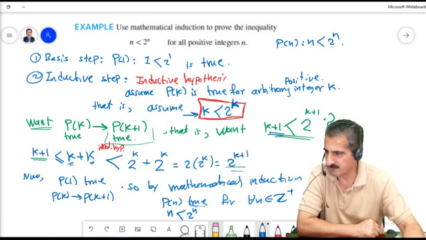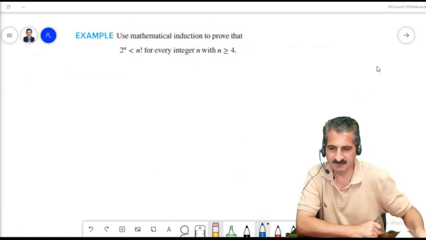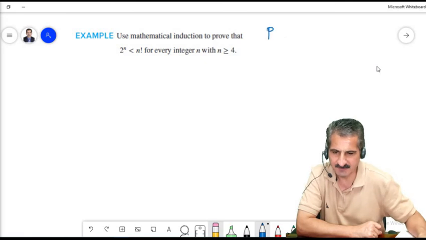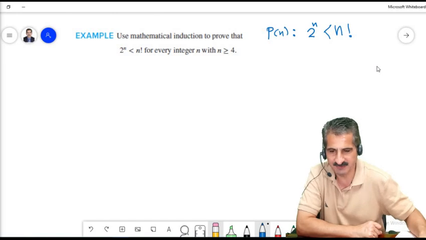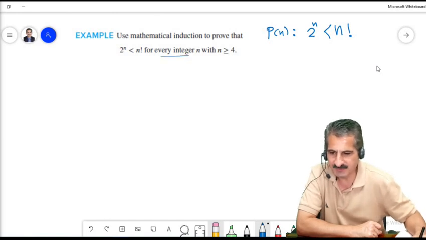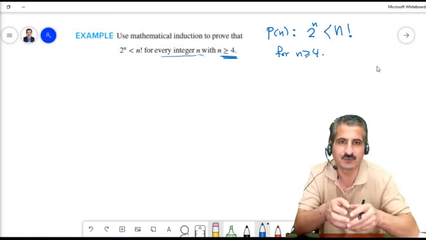integer. And then another example for mathematical induction: P of n here says 2 to the power n is less than n factorial, but not for every positive integer. It is for every integer n greater than or equal to 4. So this is not true if n equals 1 or 2 or 3.